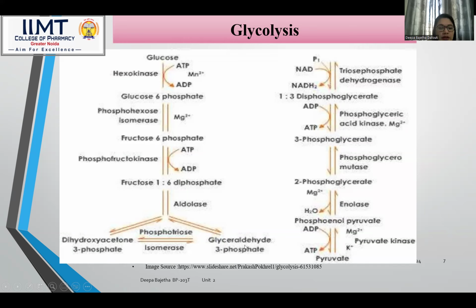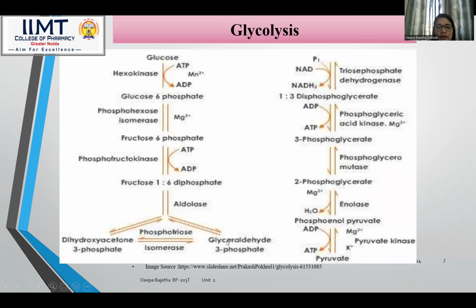Glyceraldehyde 3-phosphate is further converted into dihydroxyacetone 3-phosphate with the help of phosphotriose isomerase enzyme, and dihydroxyacetone 3-phosphate is converted into glyceraldehyde 3-phosphate with the help of isomerase enzyme.